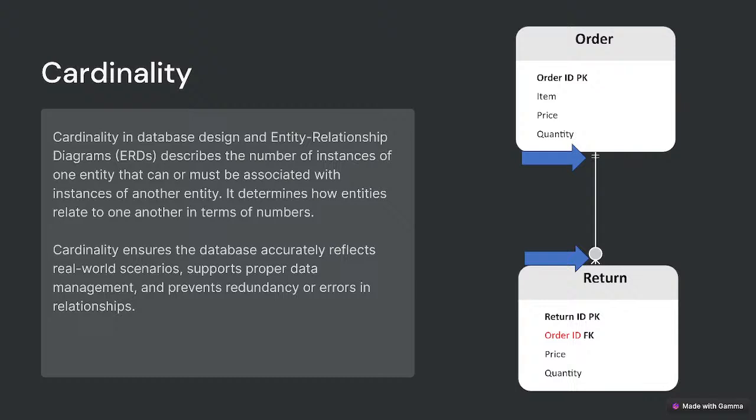You want to do the cardinality between these two. You are going to focus on the one further away from the origin. This is what you focus on. And what does this symbol stand for? This one stands for 0 or many.